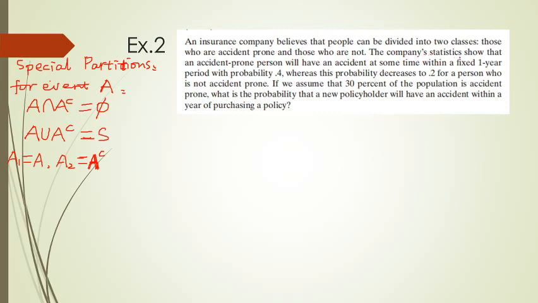The company's statistics show that an accident prone person will have an accident at some time within a fixed 1 year period with probability 0.4, whereas this probability decreases to 0.2 for a person who is not accident prone. If we assume 30% of the population belongs to the accident prone class, what is the probability a new policyholder will have an accident within a year of purchasing a policy?